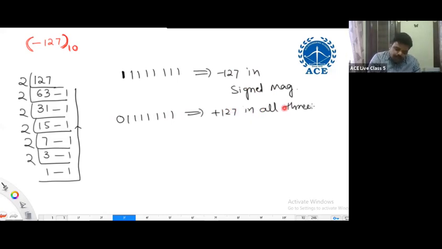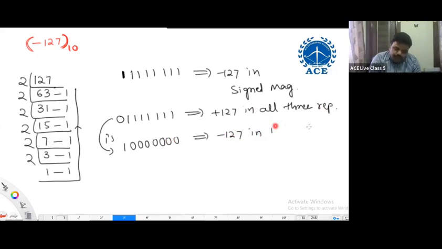I want to get minus 127 in ones complement representation. For that, let me take ones complement of this. Then what we get here? 1 0 0 0 0 0 0 0. It is minus 127 in ones complement representation.